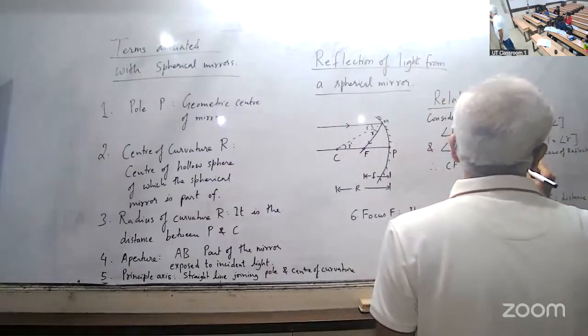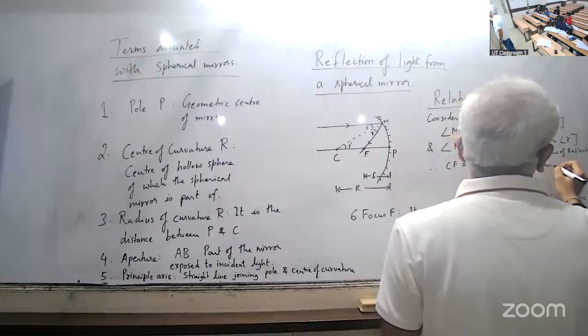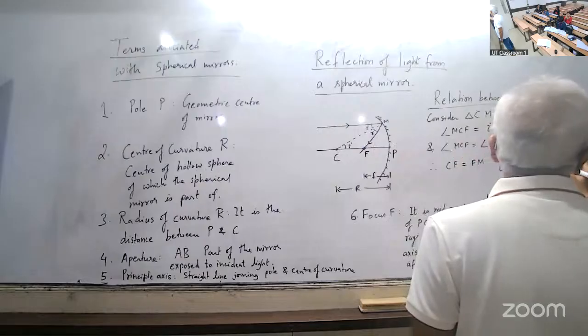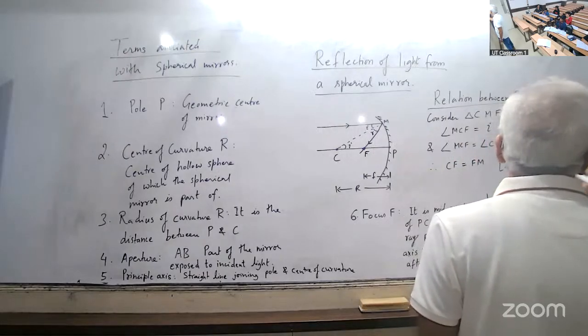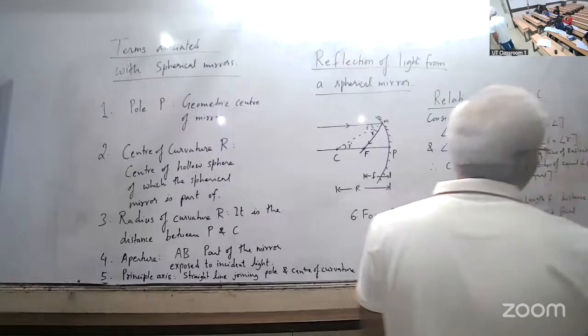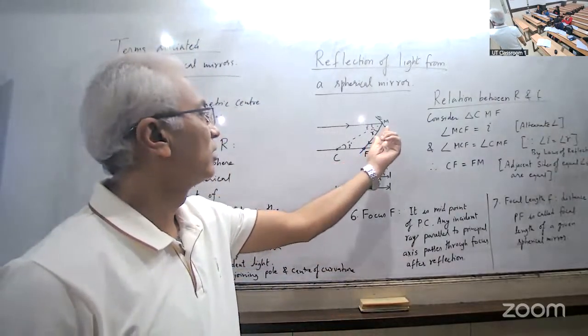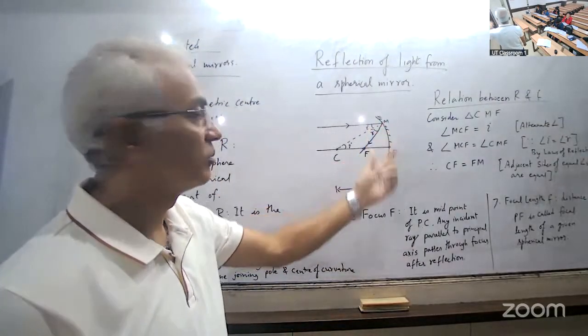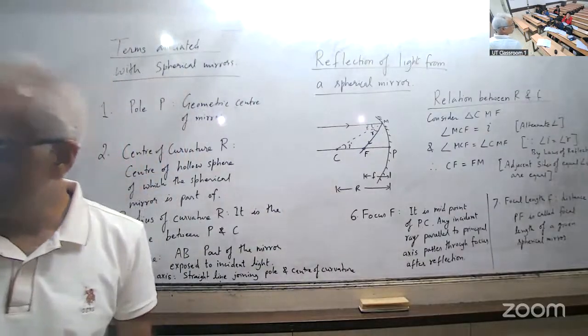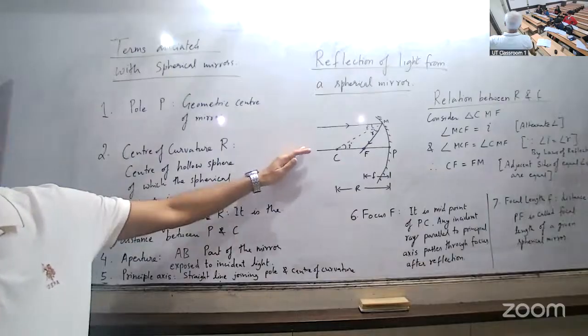Adjacent sides of equal angle are equal. Correct? मतलब CF और FM are equal, isn't it? Now we will make one assumption.